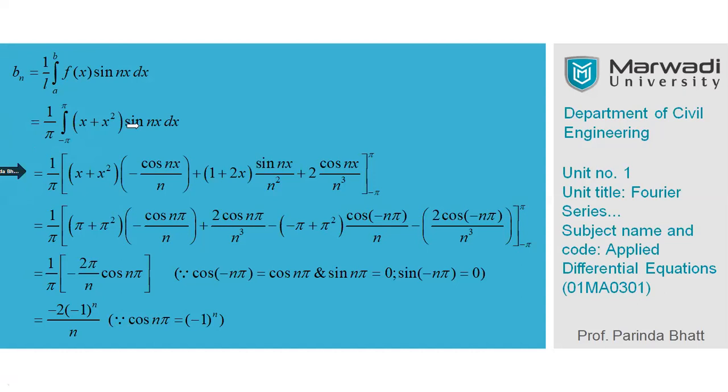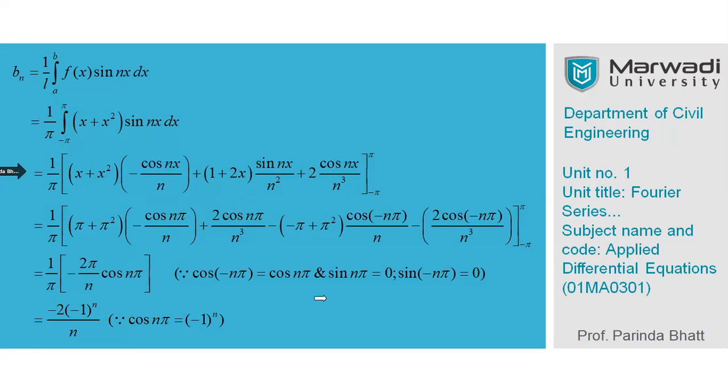Differentiation of x plus x square: first is 1 plus 2x, second is 2. Sin nx first integration is minus cos nx by n. Another integration is minus sin nx by n square, and this minus minus becomes plus, right? And again sin nx integration is cos nx divided by n cube, right?